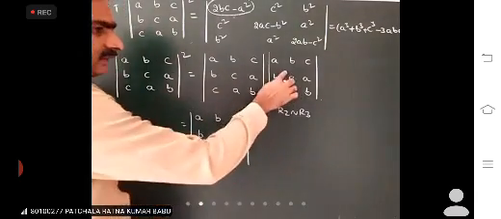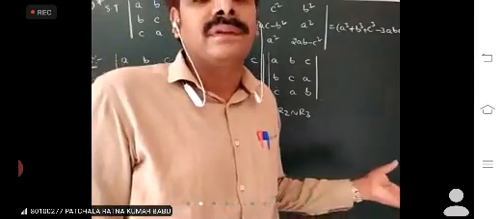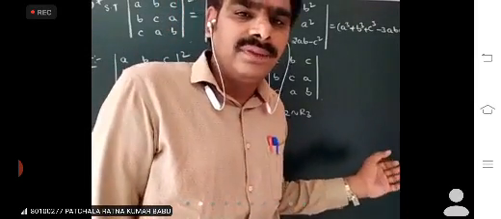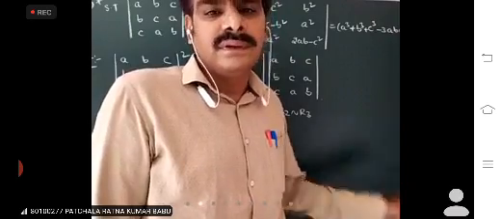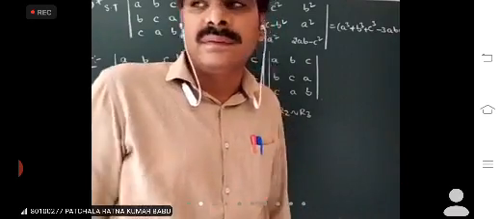Determinant of ABC, BCA, CAB. Here the second row and third row interchange. We know that if two rows or two columns interchange, then the sign of the determinant must be changed.